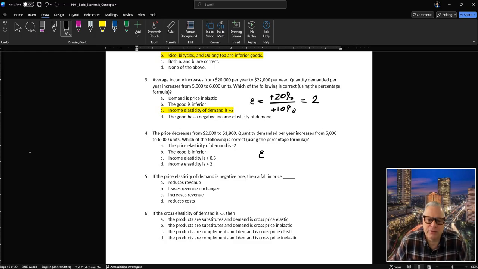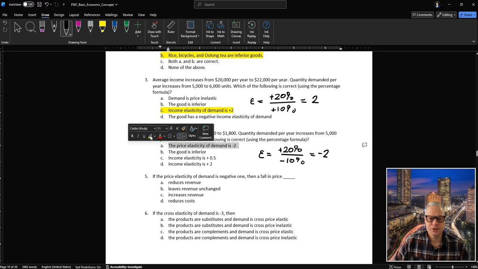Okay, so the elasticity is the relative change in quantity demanded, 5,000 to 6,000, that's plus 20%. And the price decreases from 2,000 to 1,800, that's a reduction by negative 10%. So the price elasticity of demand is negative 2.